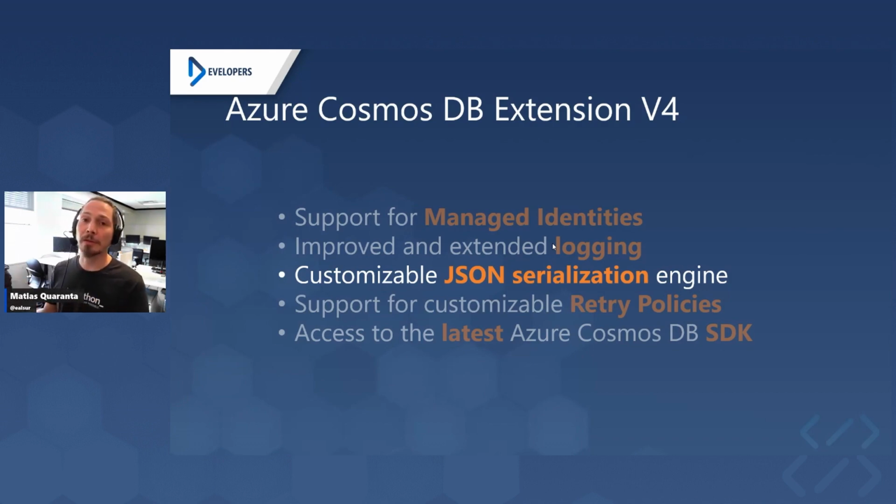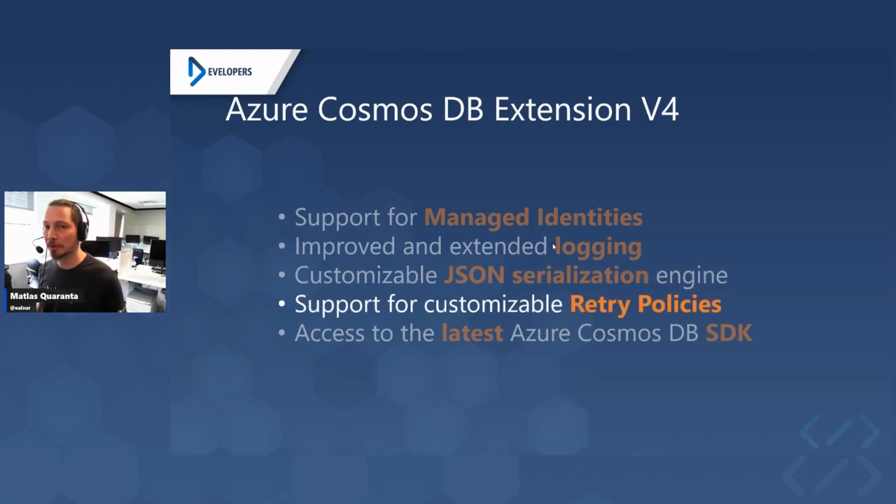On .NET, as a developer, you can completely customize the JSON serialization engine. You can replace it with System.Text.Json, Newtonsoft.Json, whatever JSON engine that you want. Any custom settings, you can use it there, and it will apply to all the extension interactions.